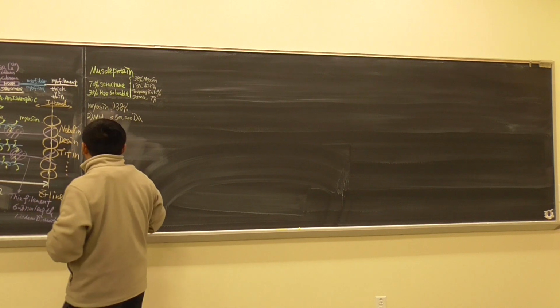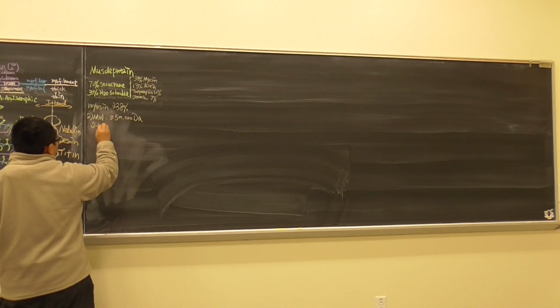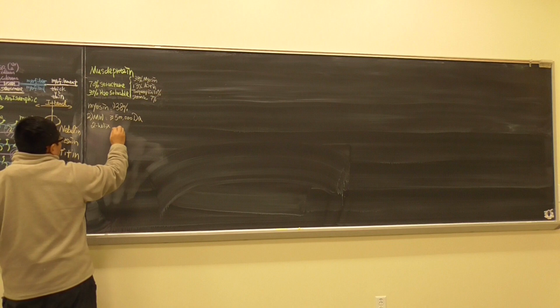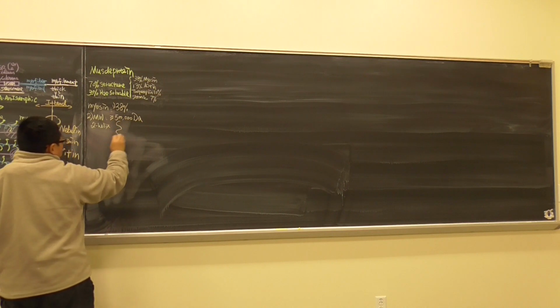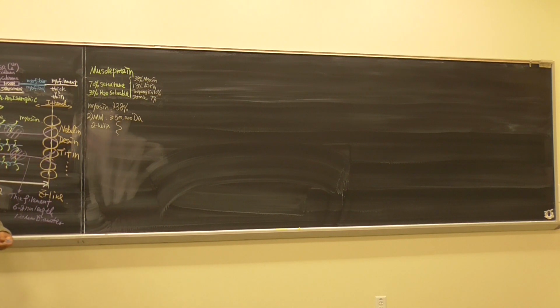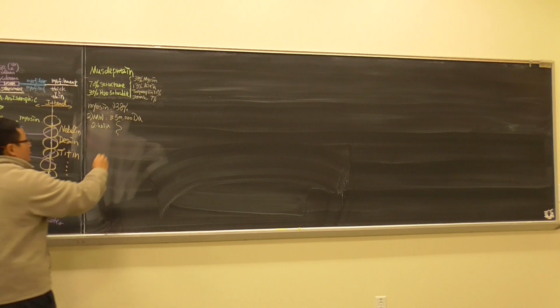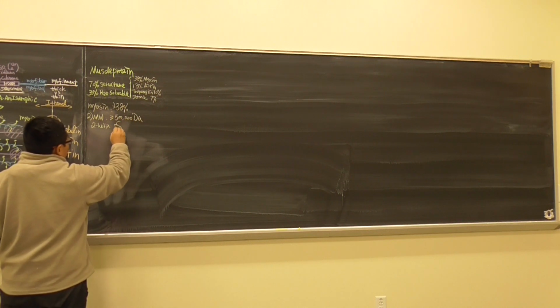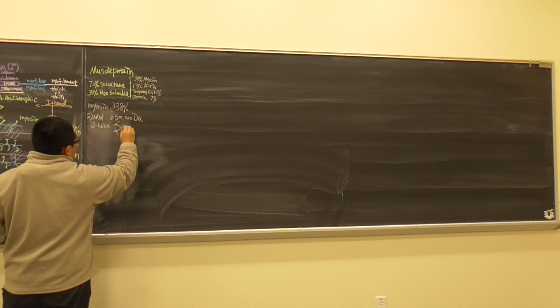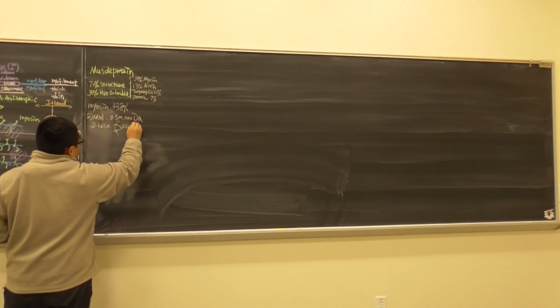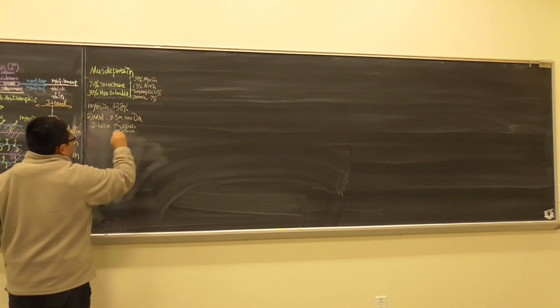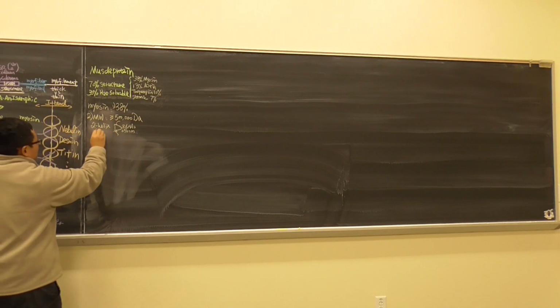The secondary structure is alpha helix, similar to the DNA double helix. One turn is 3.6 amino acids and about 0.54 nanometer. This we already measured. So 60% is the alpha helix.